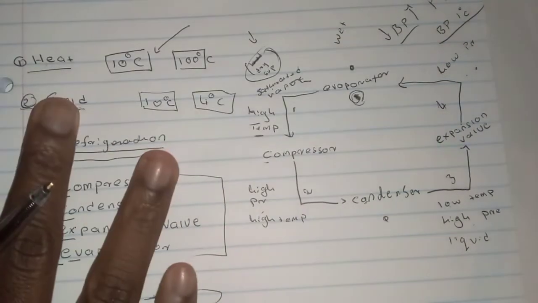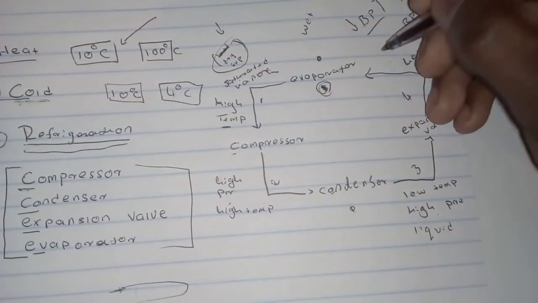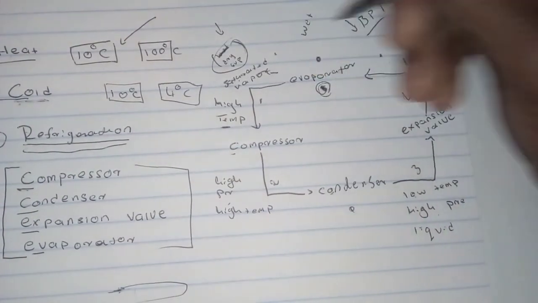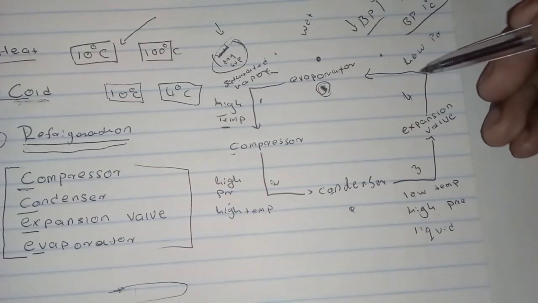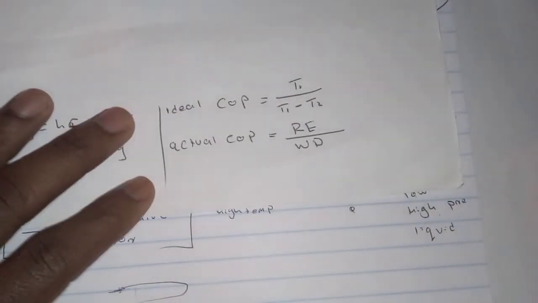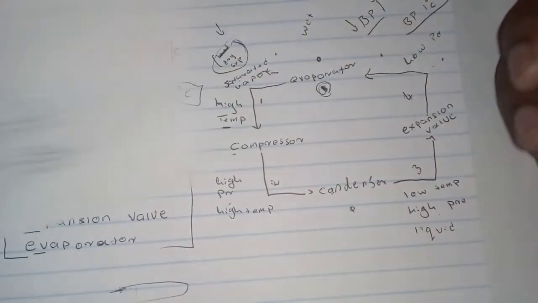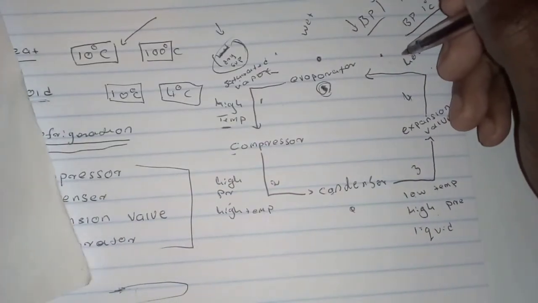Let's come back to our diagram. From this point to this point, the refrigerant is entering the evaporator, absorbing the heat energy from the evaporator. The object that we're trying to cool, remember, it's in the evaporator. The refrigeration effect is the heat energy that was absorbed as the refrigerant is passing through the evaporator.